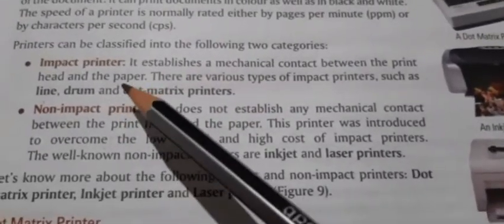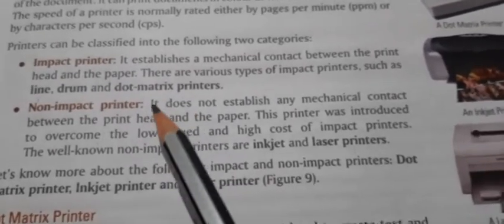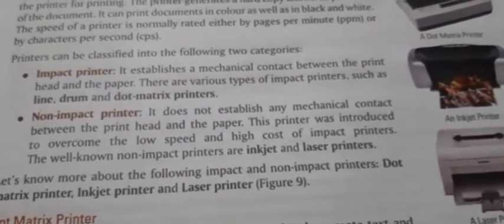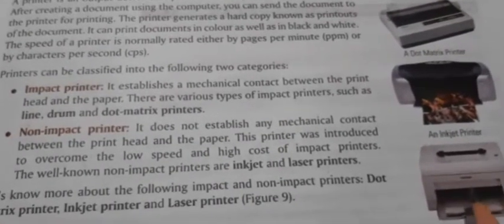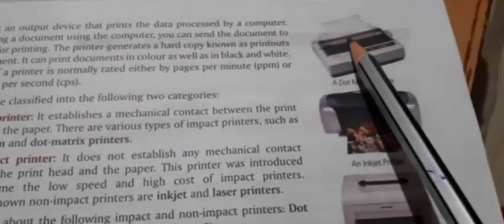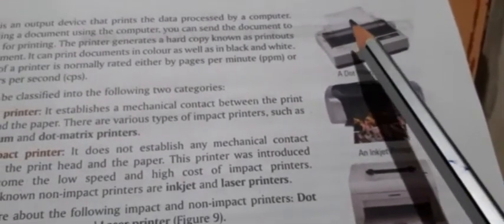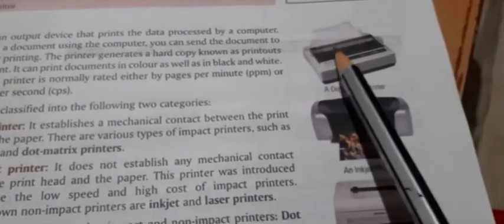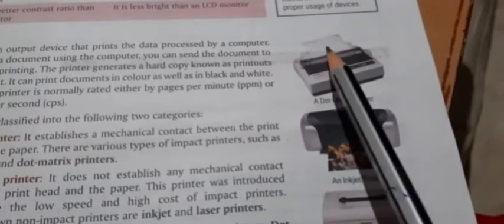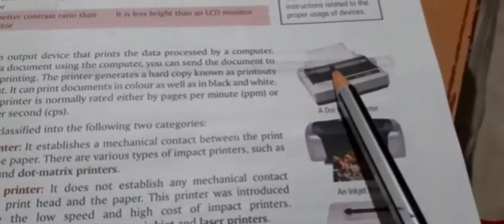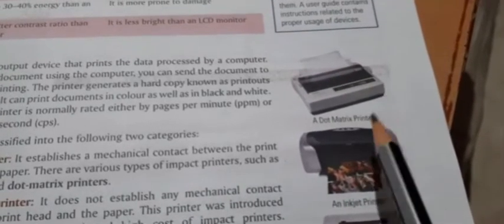The basic difference is that in an impact printer the printer head and the paper establish mechanical contact. Until the printer head and paper come in touch, no printing will be done.